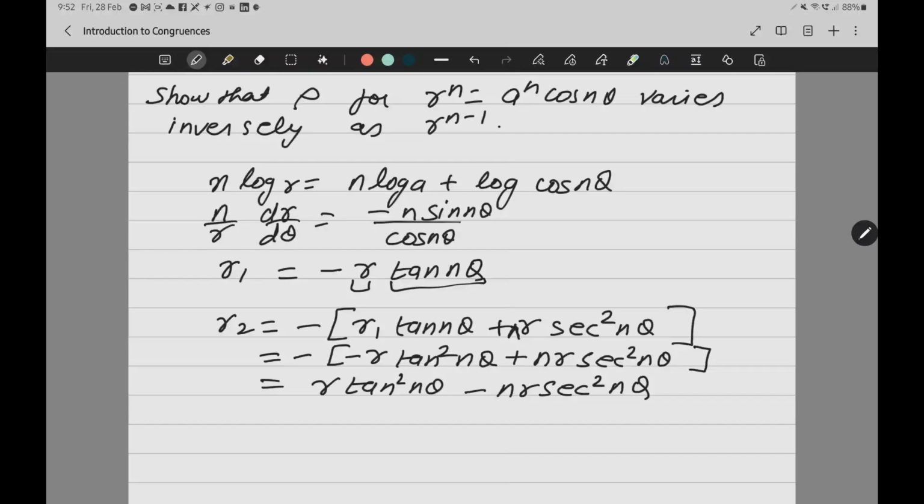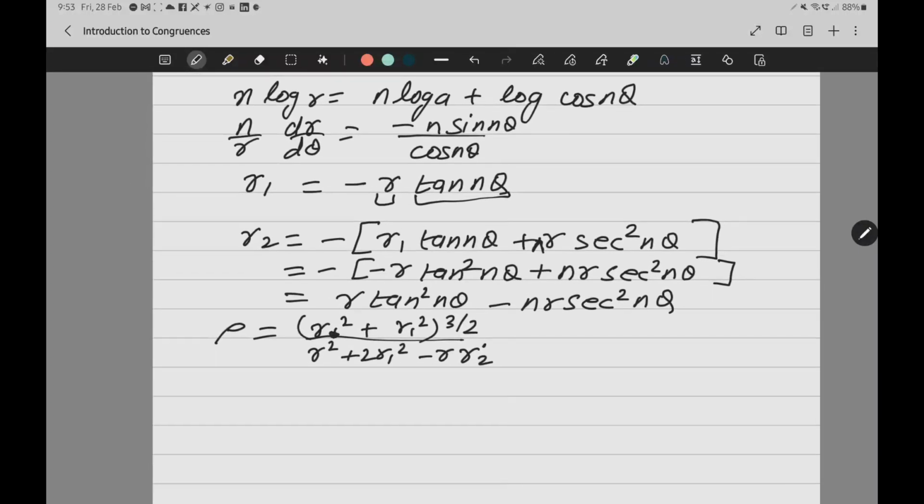But since I have done it, let it be like this. Now I got the values of R1 and R2. Now I will go back to my formula. My formula says rho is equal to R square plus R1 square power 3 by 2 upon R square plus 2R1 square minus R R2. Correct? Now let us put the values.